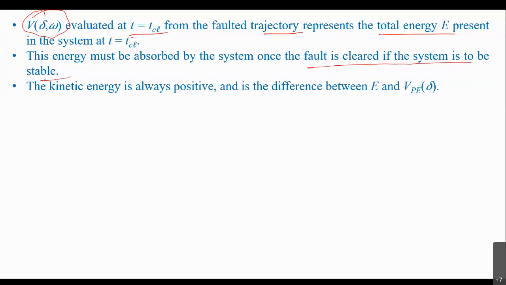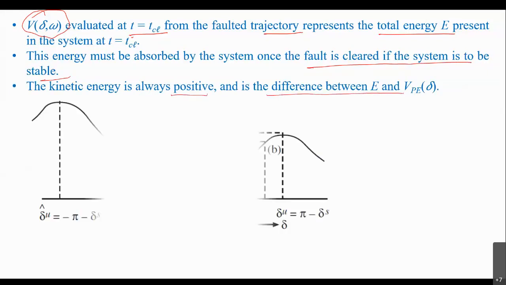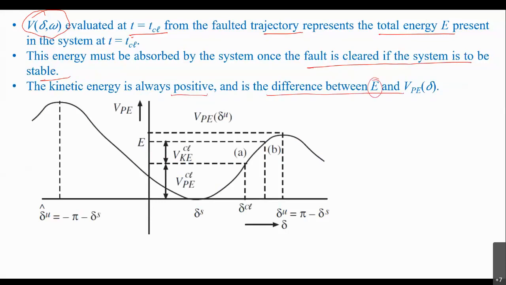If it is not absorbed, or it goes beyond Vp, that potential energy, then it will become unstable. So the kinetic energy is always positive and is the difference between E and Vp delta. E is the total energy.